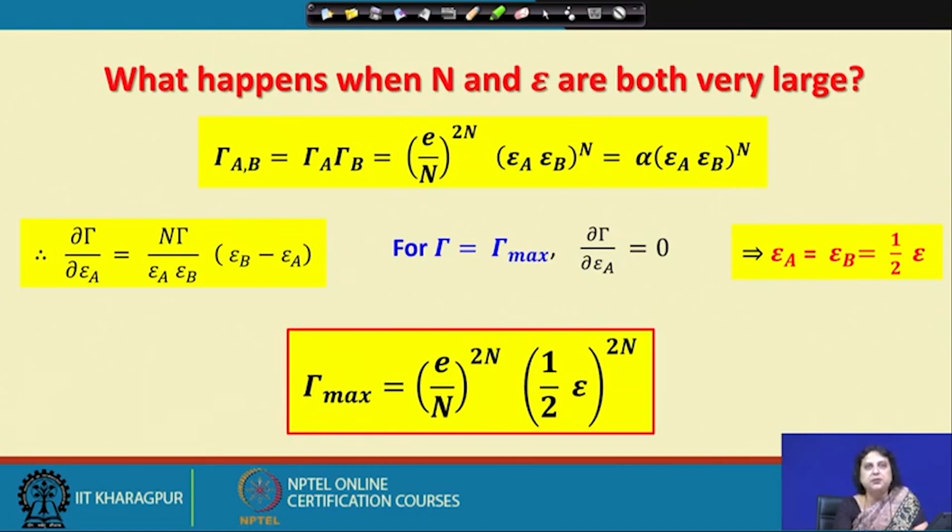That is fairly simple, because I know that gamma AB is given in terms of epsilon A and epsilon B. So, I just put back the values of epsilon A and epsilon B at the maximum, and this is what I get. So, as you see, the number of microscopic states associated with the maximum probable state is a very large number.